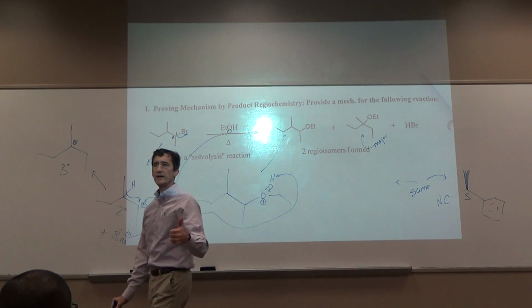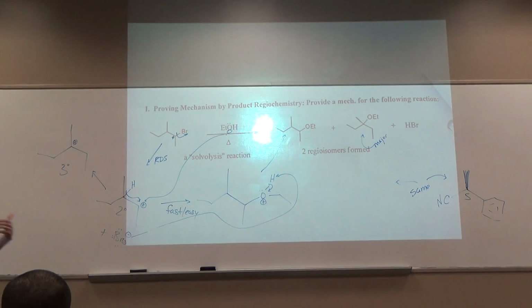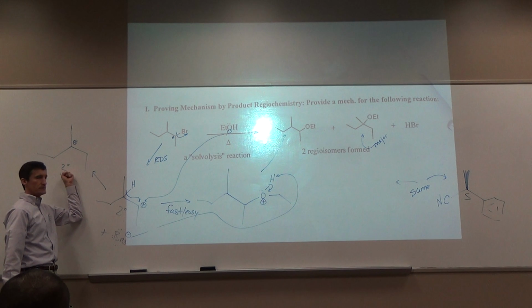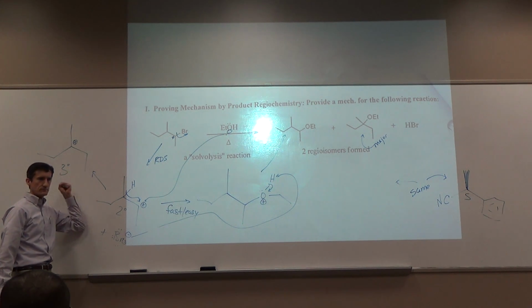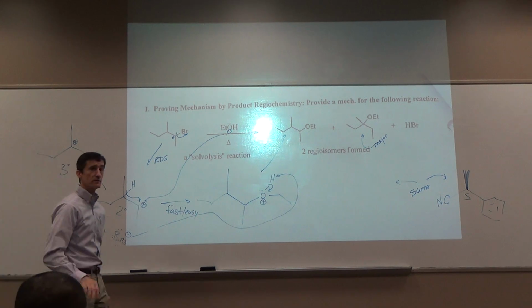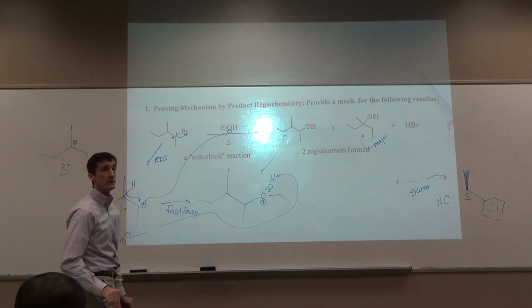Because if you can rearrange, always rearrange, and call that the major product. If it's going to rearrange, then do that. You only get rearrangements from SN1 because only SN1 involves cations. SN2 does not involve a carbocation. SN2 does not give rearrangements.